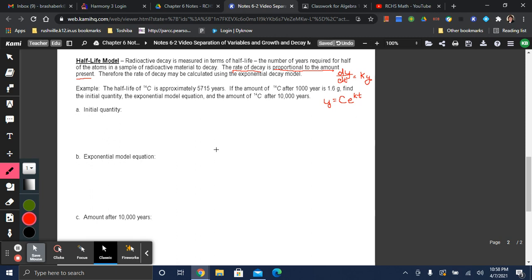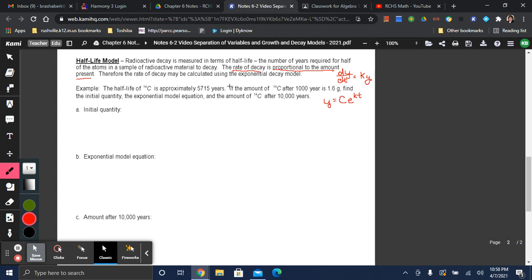So we'll be able to use that exponential decay model. The first thing it wants you to do is to find the initial quantity. So notice that you do not have that information. You know the half-life. You know how much of carbon-14 is there after 1,000 years.